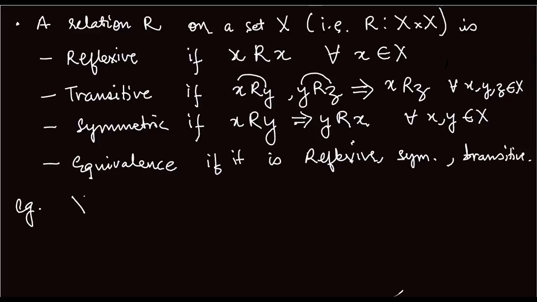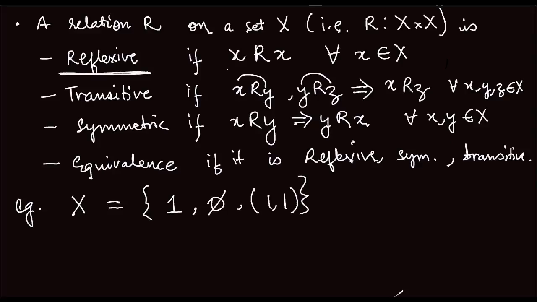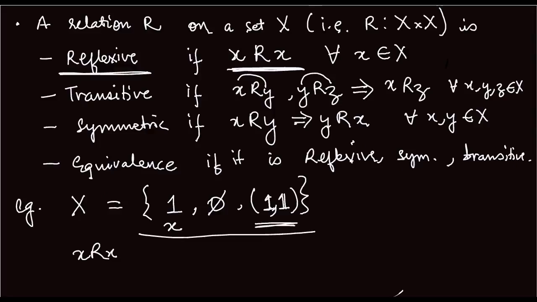Fine. Let's see one example. Let's have a set X as {(1, 1)}. Now, to see the reflexive condition, we will see xRx. That means, do we have any xRx or not? So 1 is related to 1 in here. That's why we have the xRx condition, so this relation R is reflexive.